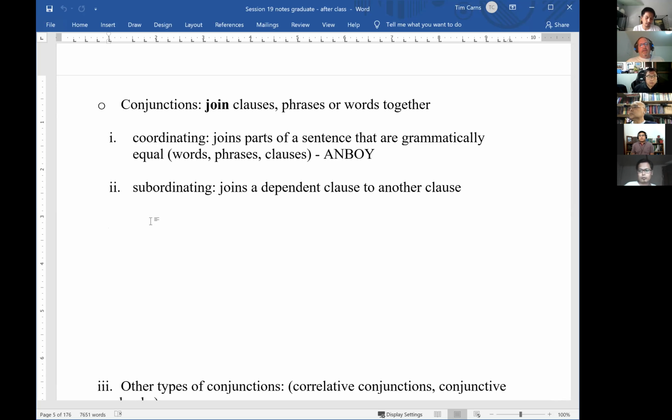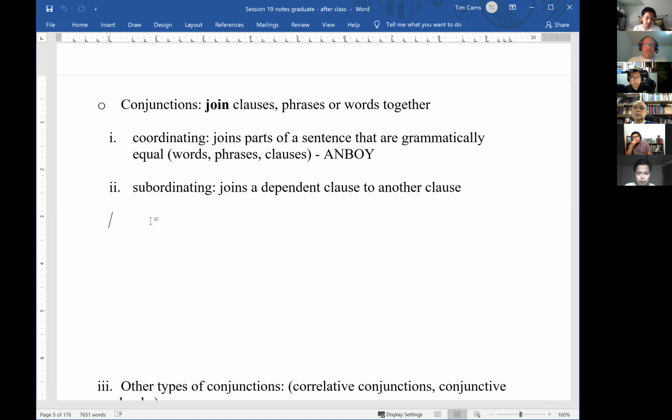Again, the coordinating, just think of it as joining parts of a sentence that are grammatically equal, and the subordinating is joining a dependent clause to the sentence. There's a third group. Actually, there's two more groups of conjunctions or words that function like conjunctions.